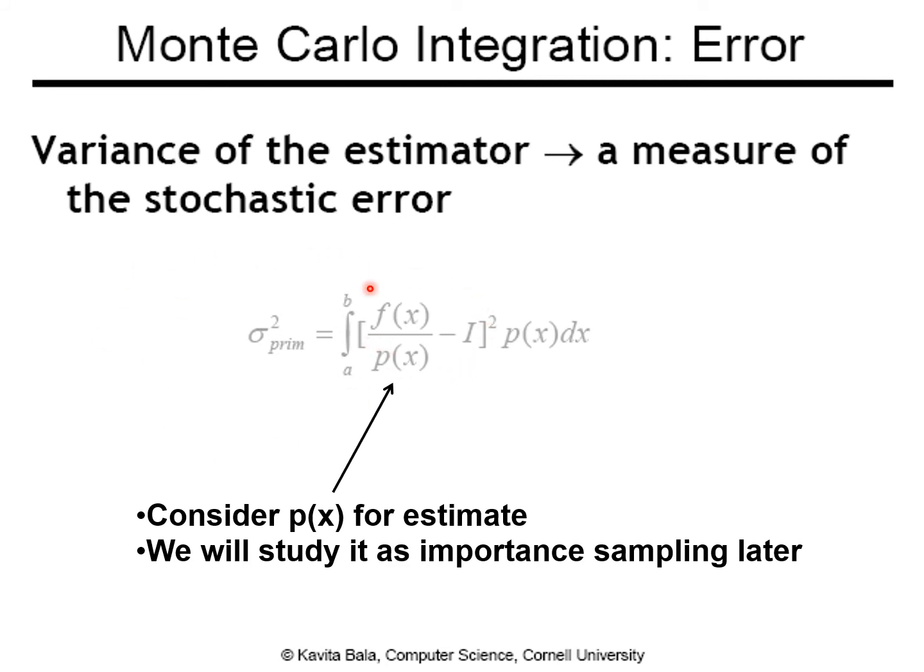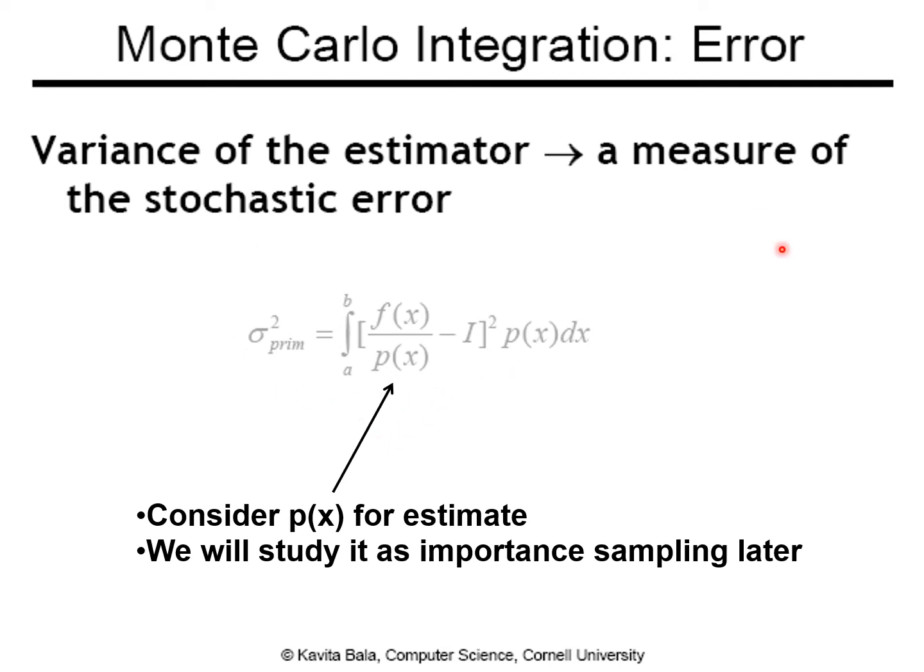Here we want to measure the difference between our estimator, f of x divided by p of x, and the ground truth, where I is the actual ground truth value of the integral. We measure their difference and take the square, and the variance is measured by that value multiplied by p of x over the range a to b. This is the variance equation for random samples.